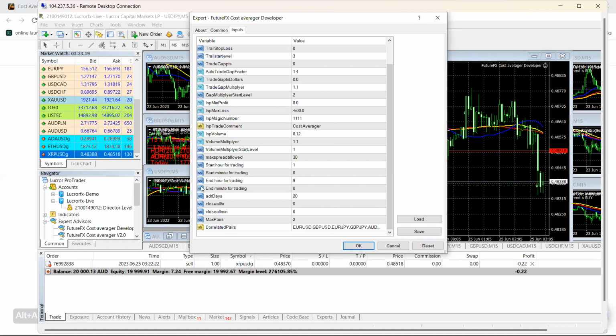Because this is a USD/JPY pair, I've put in all my other USD and yen pairs here. What that will do is filter out: if any of these pairs already have trades open, it won't open any trades in USD/JPY. So that's my correlation filter, and it goes a long way to making this a very hands-free software. But other than that, all the other settings are going to be exactly the same for all the Forex pairs.